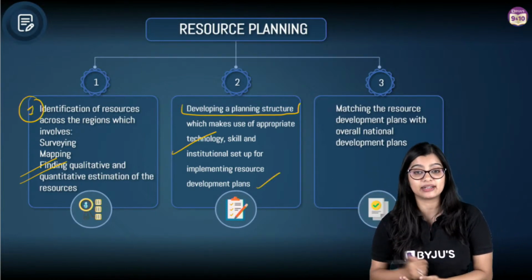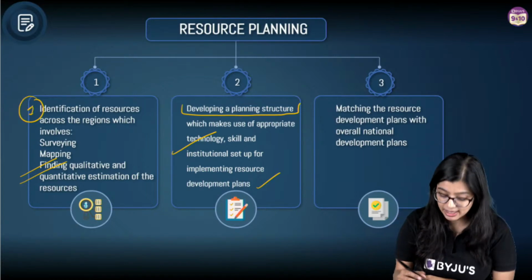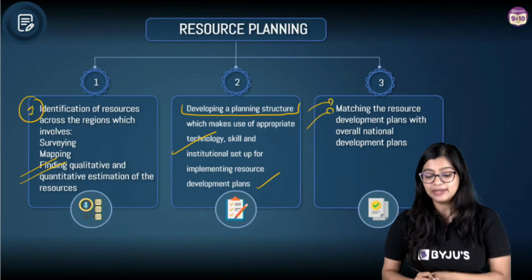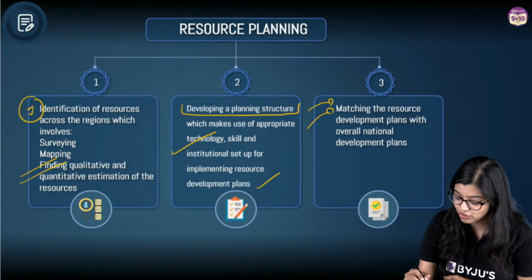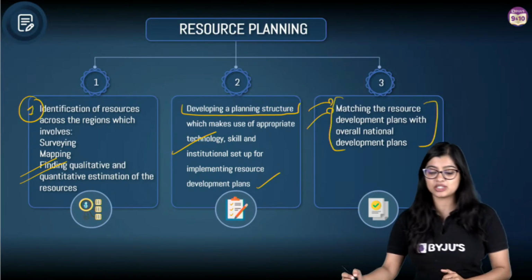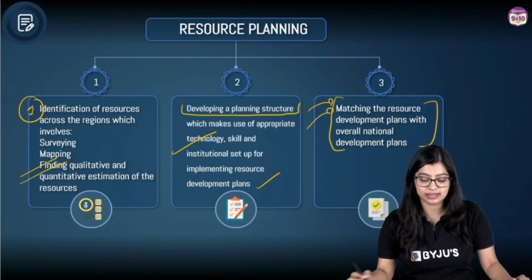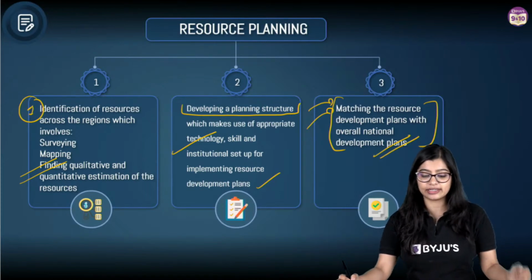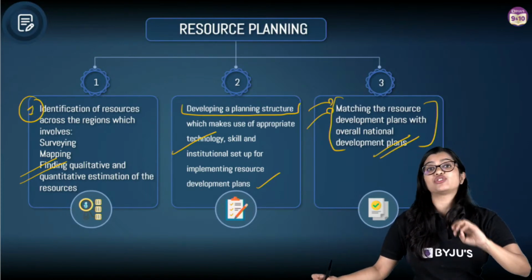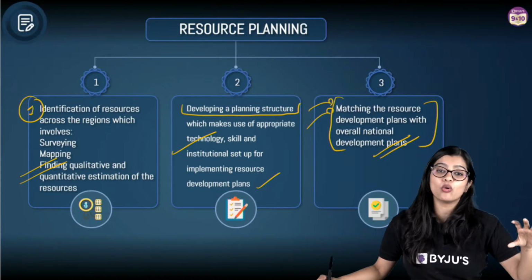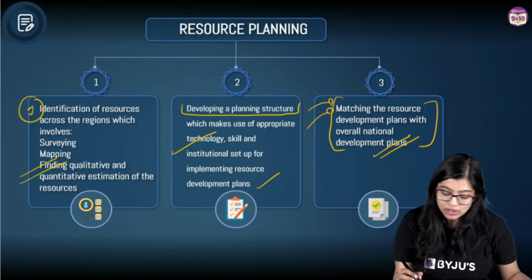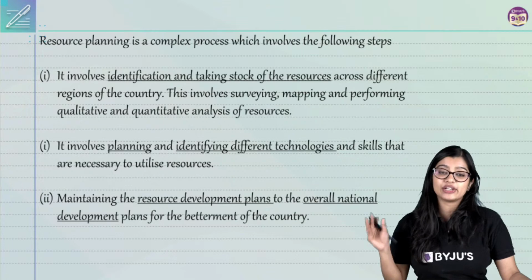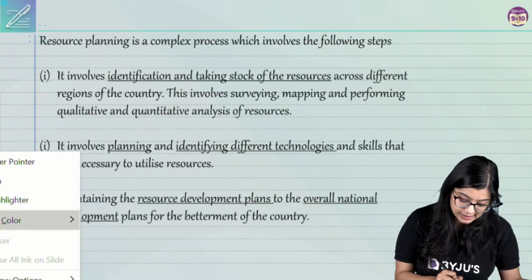So making developmental plans. At the same time, you'll also have to make sure that the resource matches with the overall development plans, right? So you will have to match your development plan with the overall national plan, right? So these are your 3 steps. When you're writing it, this is how you can answer.